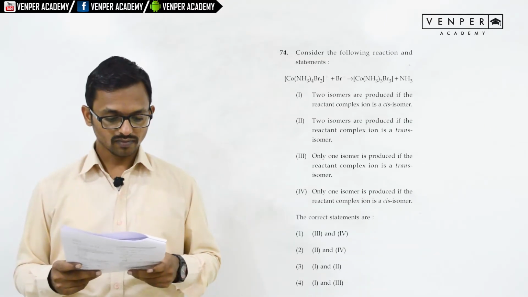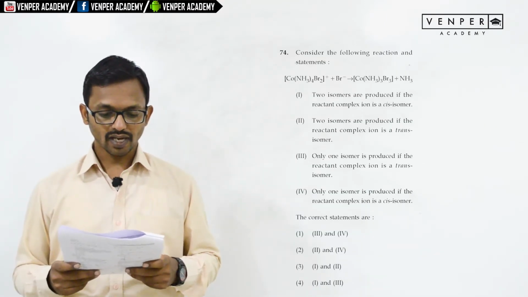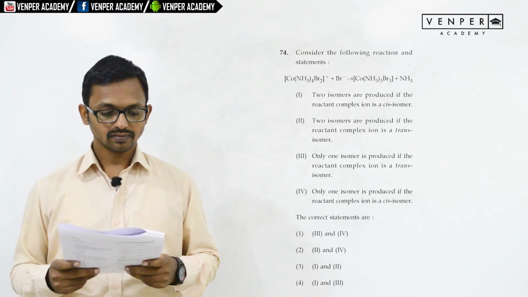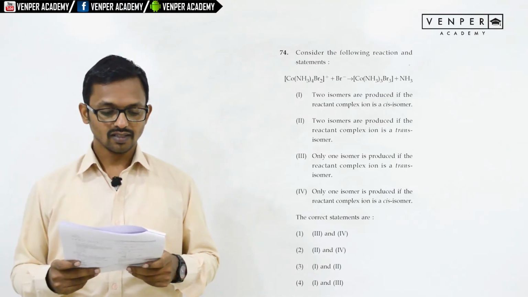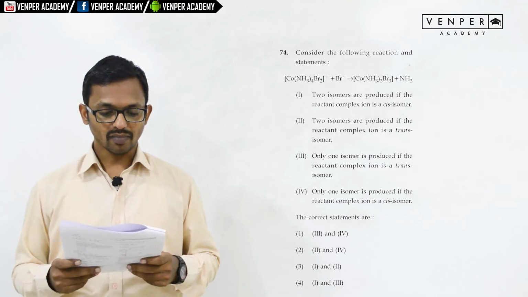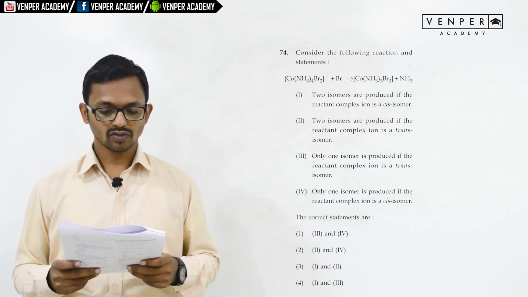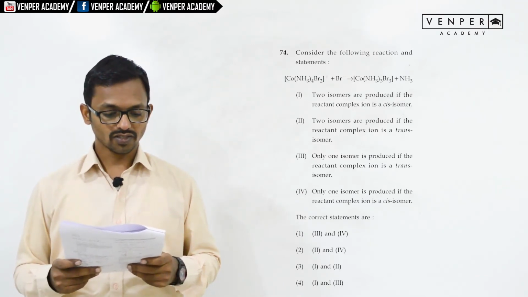Question number 74, consider the following reaction and statements. Tetraamminedibromocobalt(III), when it reacts with Br minus, gives triamminetribromocobalt plus NH3.